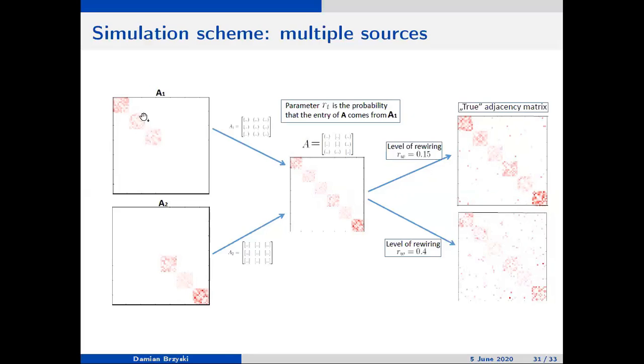You have about half of the entries from the first matrix, half of the entries from the second one. So you have six blocks here, and Ridge with only one of those two matrices cannot have the whole information about the structure of the signal. That's why it loses to a method which can use both pieces of information simultaneously in the estimation process.